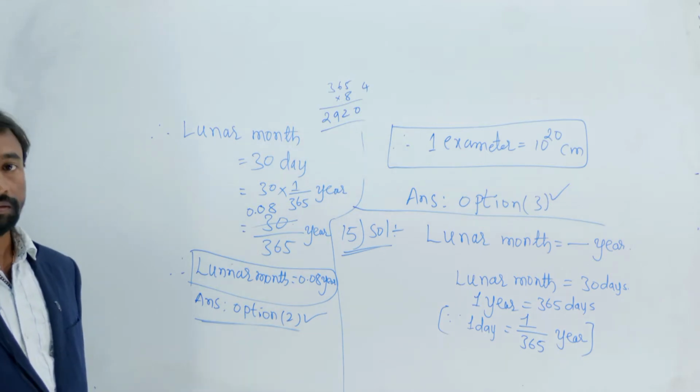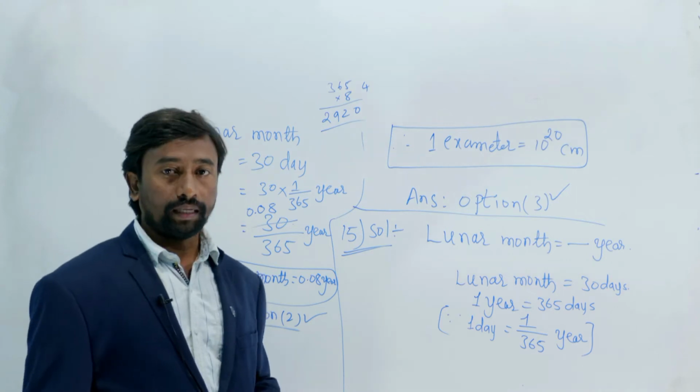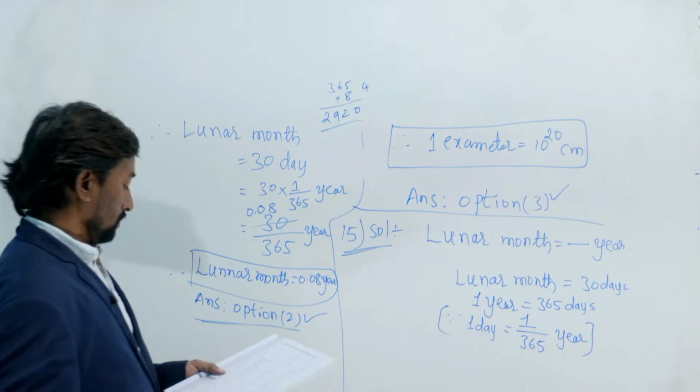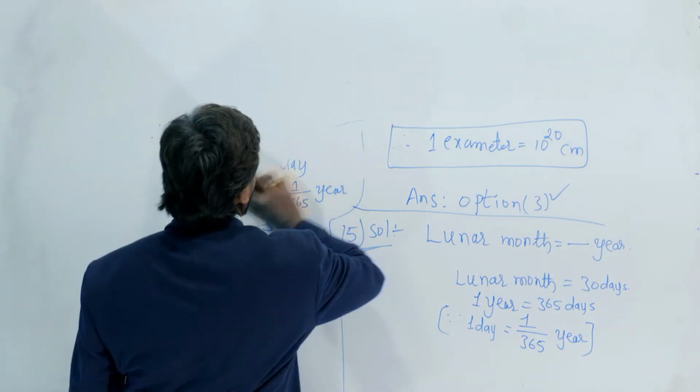Next, 16th question. One mean solar day, they are asking there. One mean solar day is equal to, so I'll write the question here. The options are also given there.